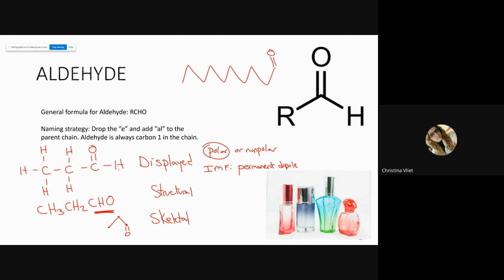If you looked at it from a structural way, you might accidentally think it's hydrogen bonding because you would think the H is connected to the O, but it's not. If you look at the displayed formula, the hydrogen is not connected to a fluorine, an oxygen, or a nitrogen, so it cannot exhibit hydrogen bonding. It has to be just a polar molecule because of the electronegative oxygen, which means that it is a permanent dipole force.